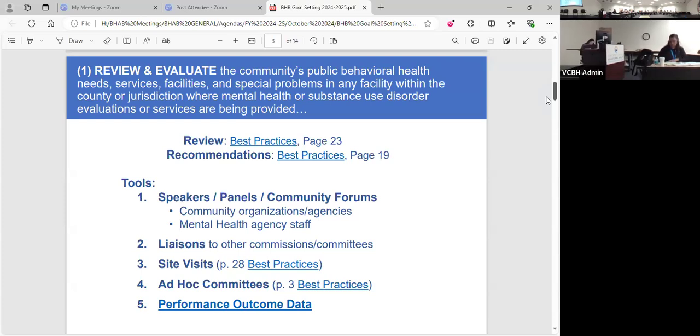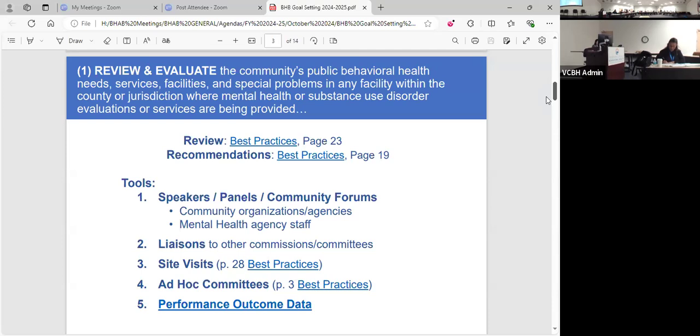You might have staff in the schools, County Office of Education agency staff, and behavioral health services staff that serve children and youth. And then also advocacy organizations, NAMI or United Parents, groups that focus on children and youth.